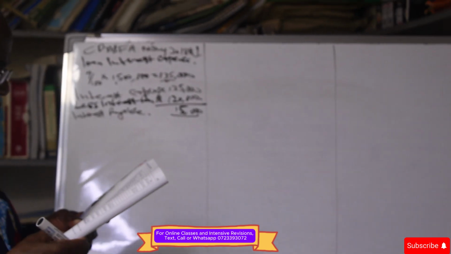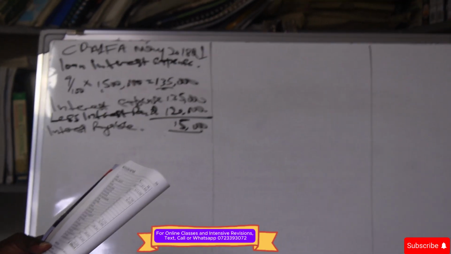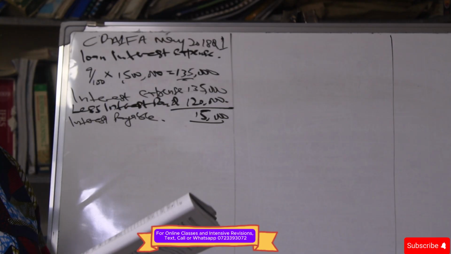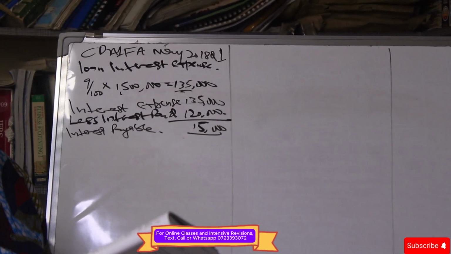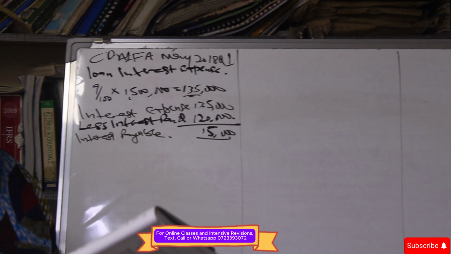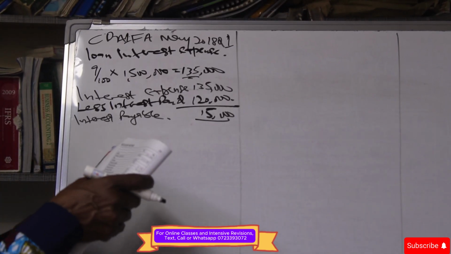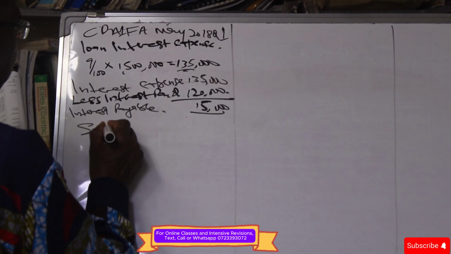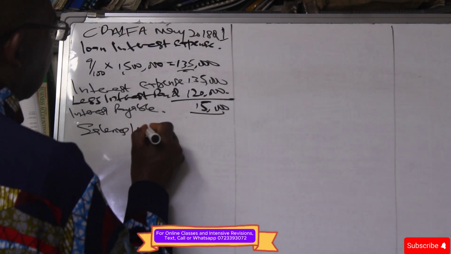Number one, of the additional information, you are told only 10 months salaries are shown in the trial balance. In other words, only 10 months salaries have been paid. Salaries paid is 1,080,000.